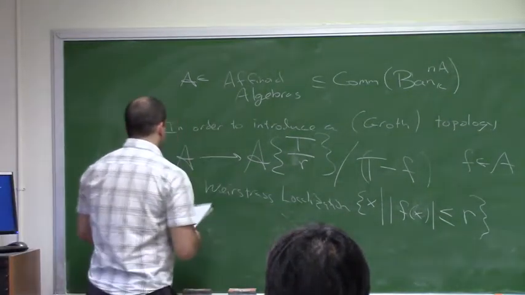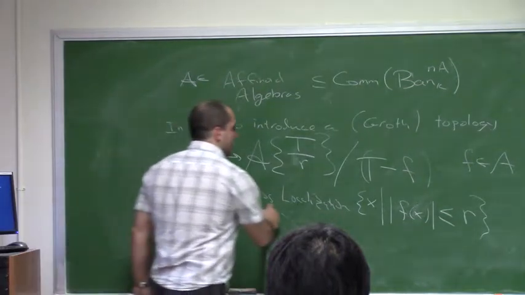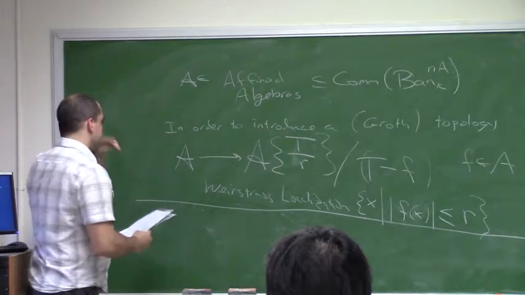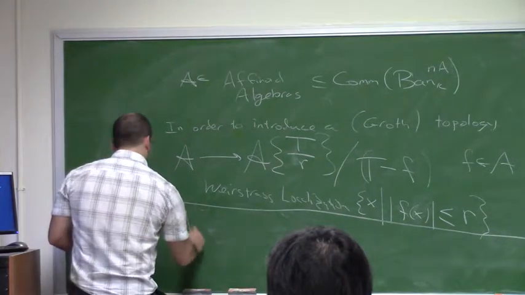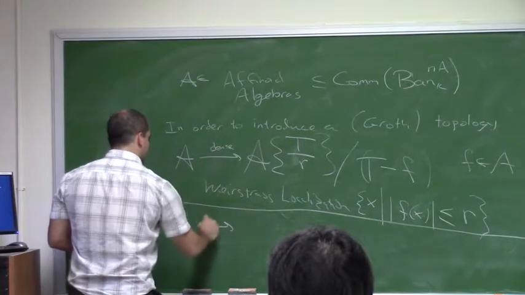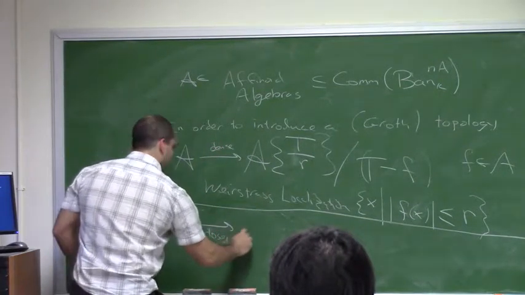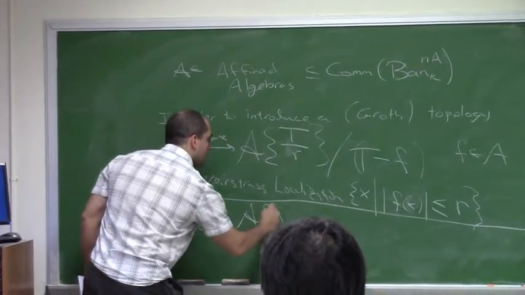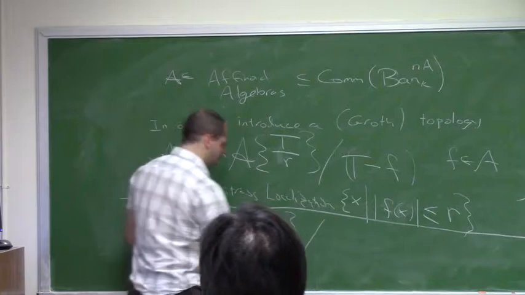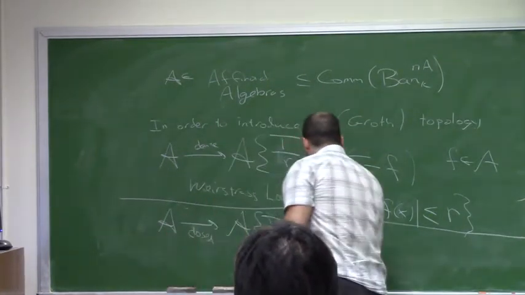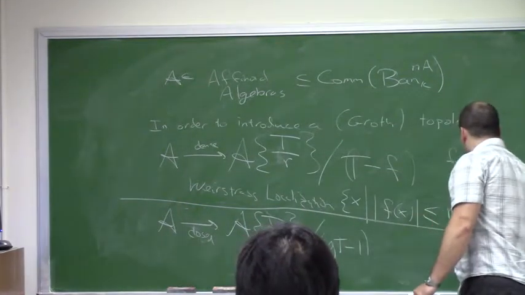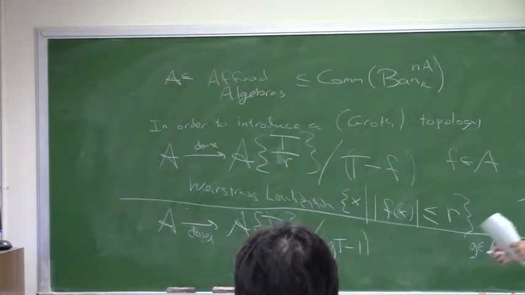And then there's another kind of localization. So we also have this one, and this one is dense. This is very different. This one is closed. So I'm adding a variable and modding out by g t minus 1, where g is some element of A, your affinoid algebra.